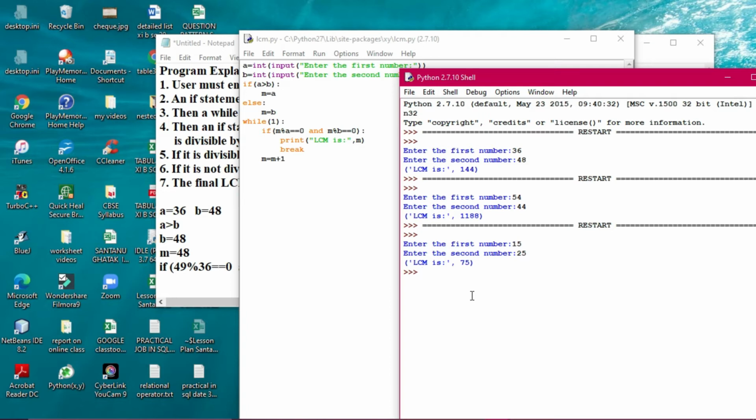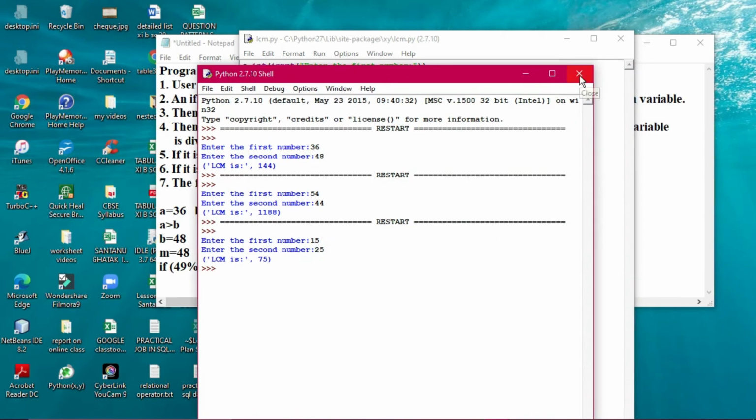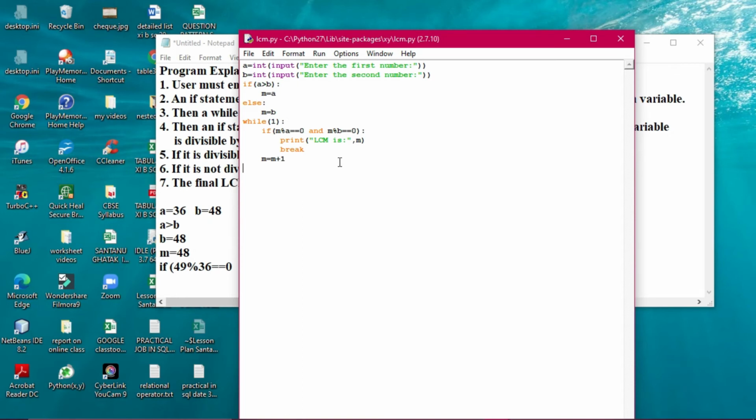Next we are coming to the HCF. In fact, from the same program you can get the HCF. How? If you divide the product of the two numbers by the LCM, then the HCF will be printed. So in the same program we could do it.